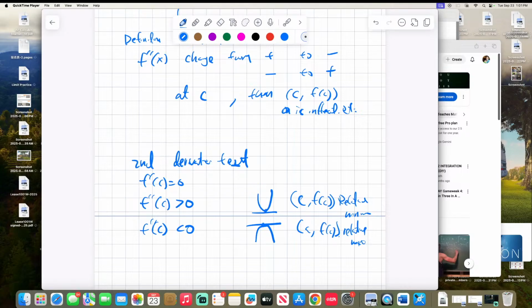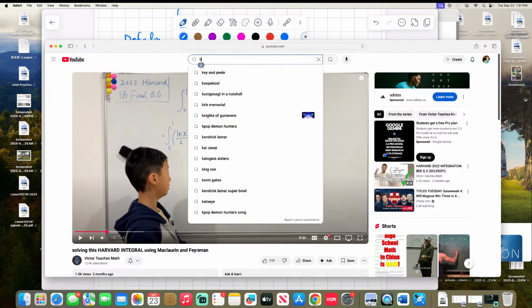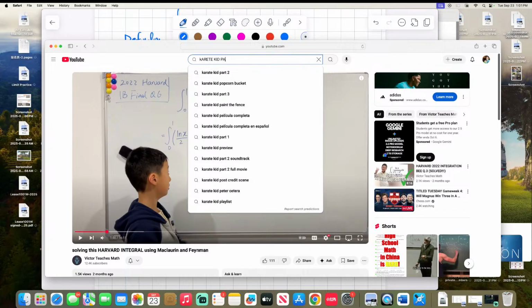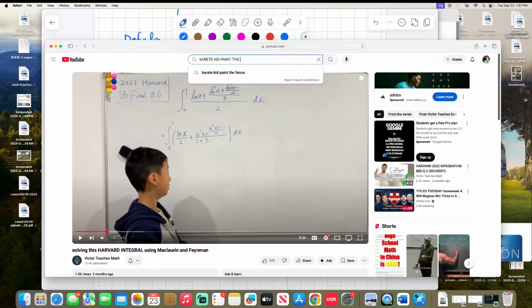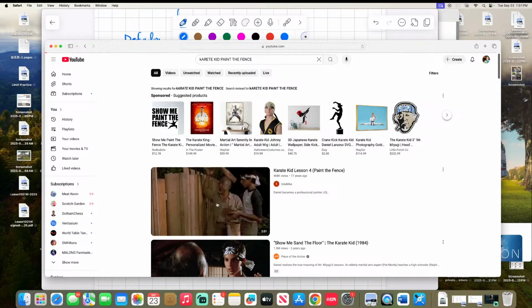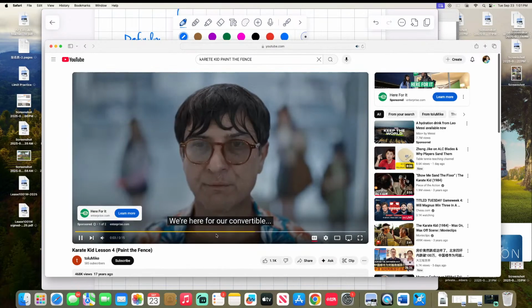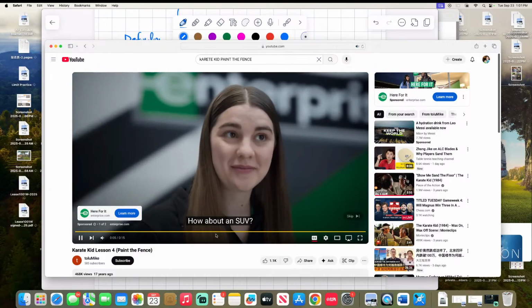So I don't know if I can pull it up. That was like the same, almost like couple pieces of mindset. Huh? Oh. Yeah. They're doing the same. Yeah, I was like, how did We're here for our convertible. How about an SUV?